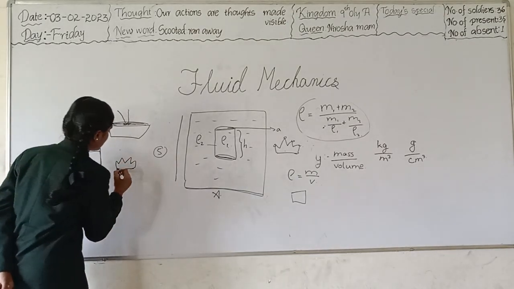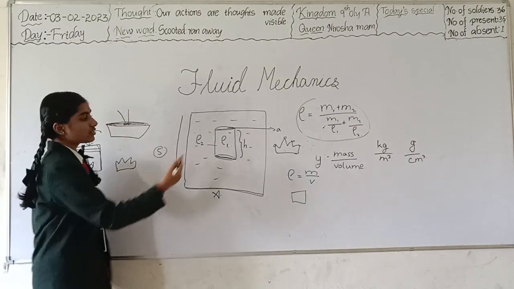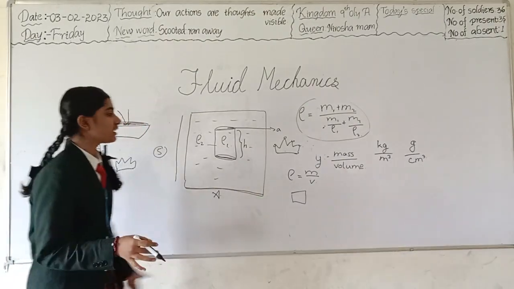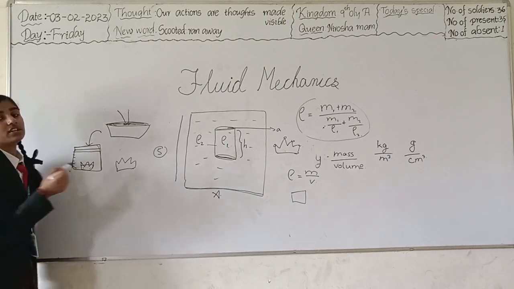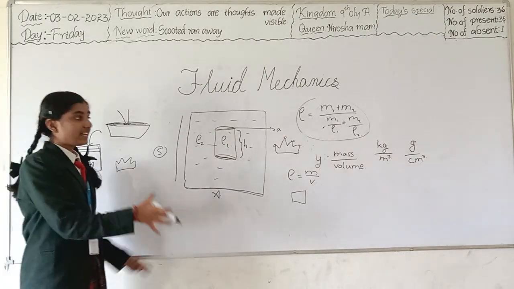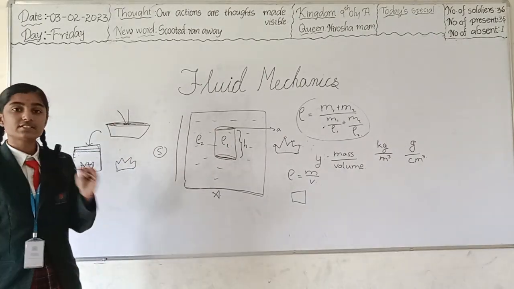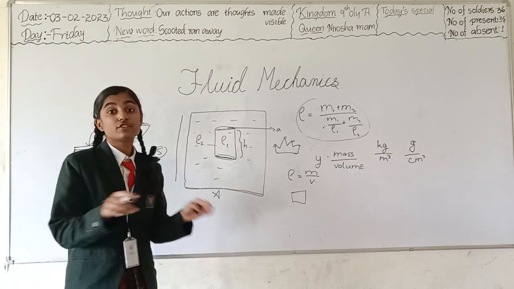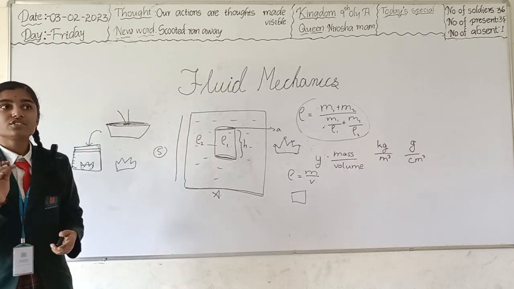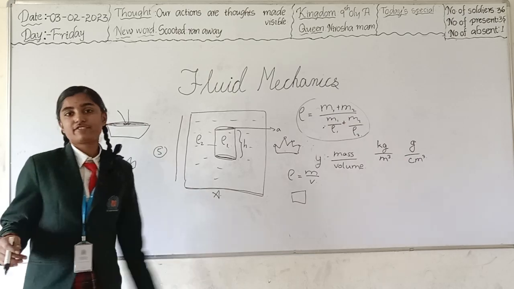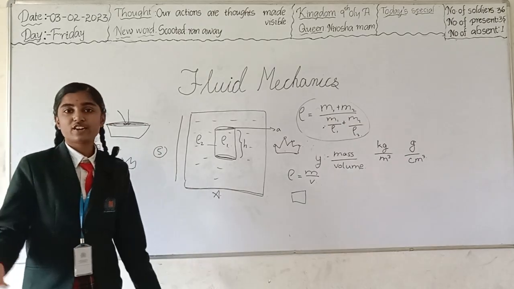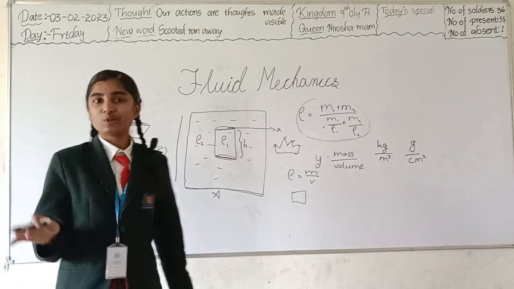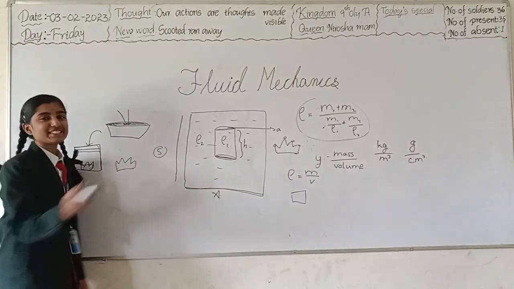By finding the volume of the crown, he substituted it into the density formula, did the calculations, and found out that the density of this crown was not equal to the density of the gold given by the king. So he explained everything to the king, and the king got angry and killed the goldsmith after that. And this was a funny story.